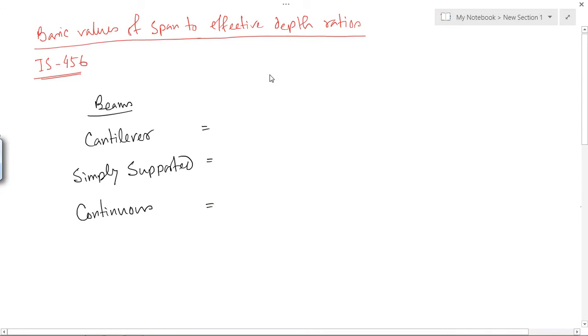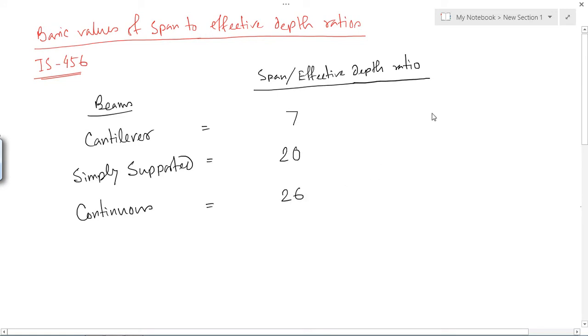And this column will be span to effective depth ratio. For cantilever, span to effective depth ratio is 7. For simply supported it is 20, and for continuous it is 26.